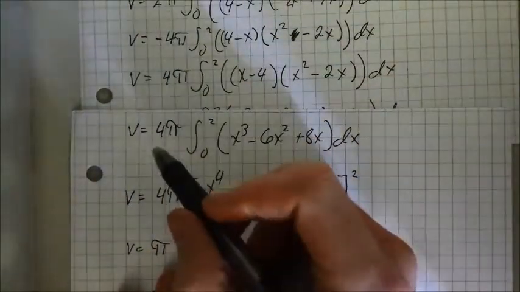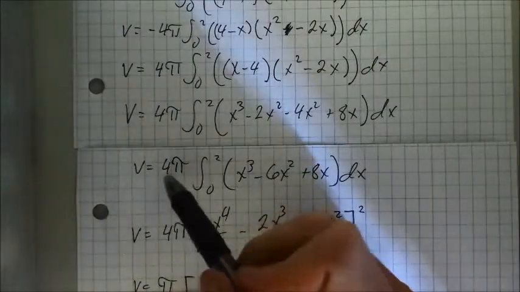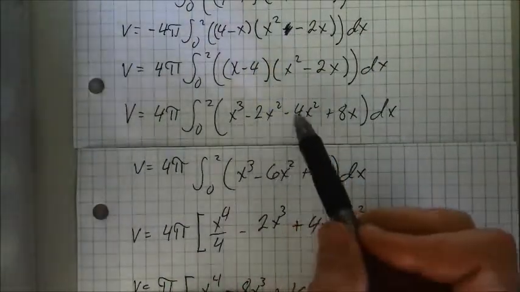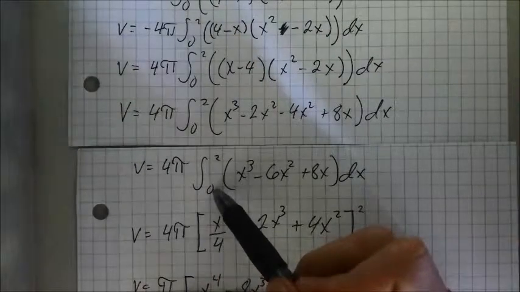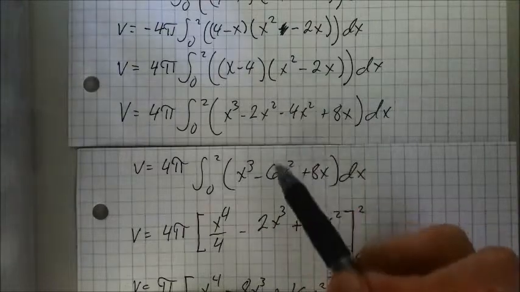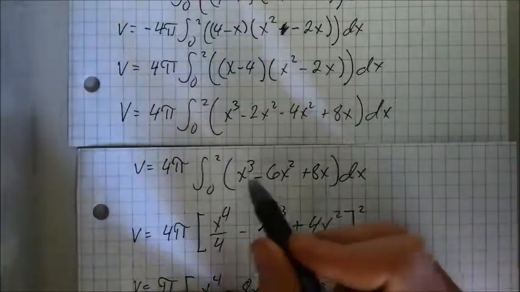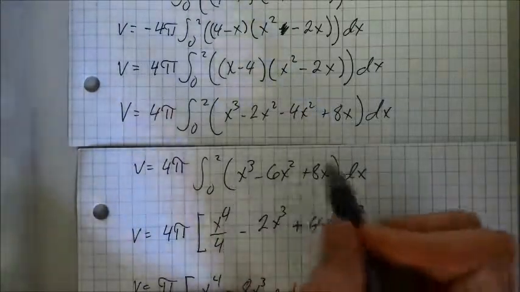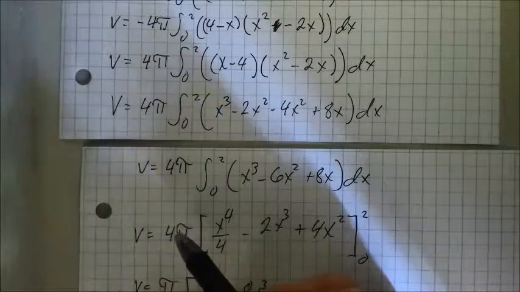So what we're doing now is combining our like terms again. So we have 4 pi times the definite integral from 0 to 2 of x cubed, negative 2 minus 4 is negative 6, x squared plus 8x. And from here, we can't do anything more with this, so we're going to integrate.